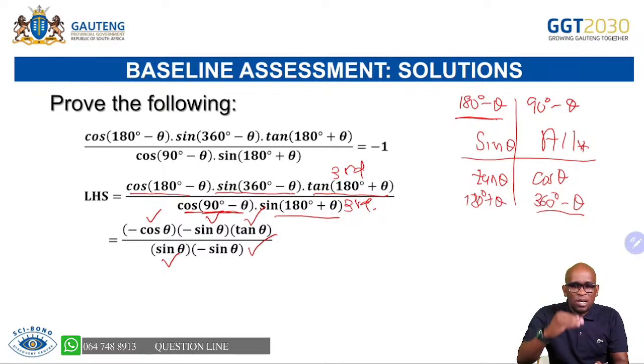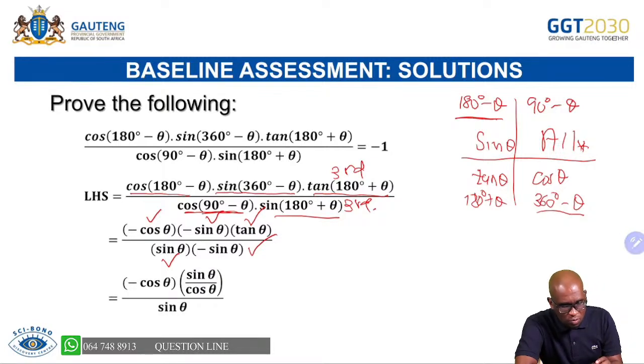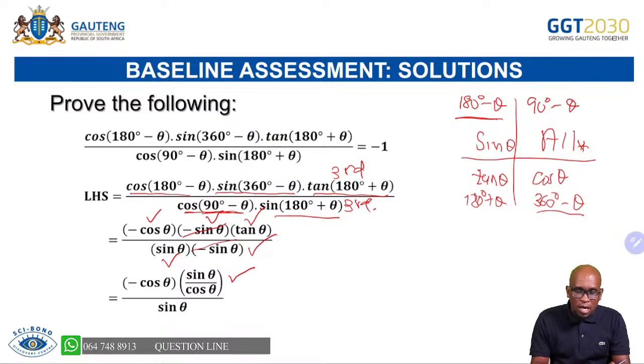Now you can see that there are like trig ratios on the numerator as well as on the denominator. So we are going to divide there. When we divide here, you can see that the negative sign and the negative sign will divide out, and we change the tangent to sine theta over cos theta, which is the basic identity that we spoke about.